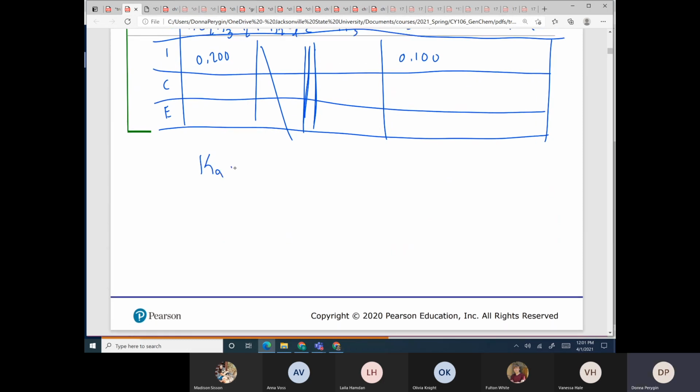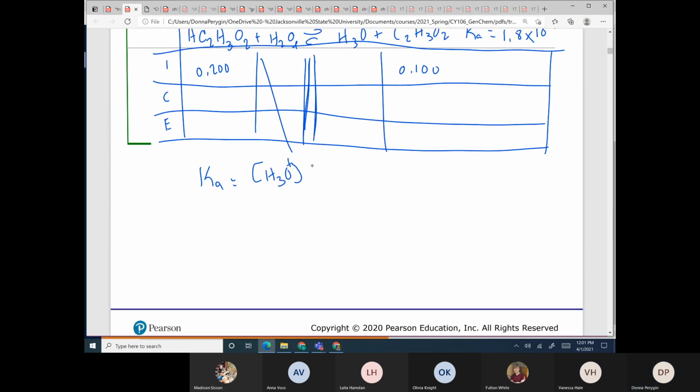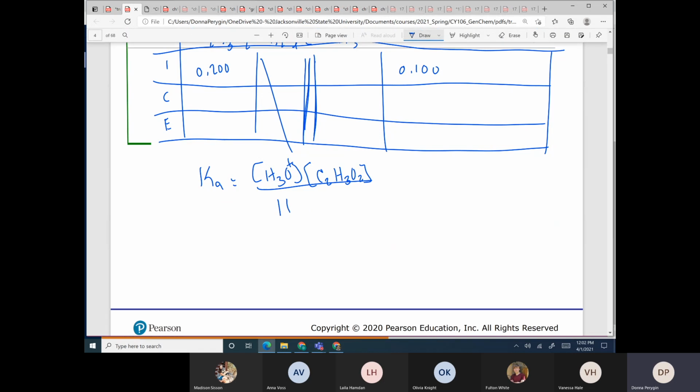Okay, so set up the equilibrium expression: Ka is equal to H3O plus times C2H3O2 minus over HC2H3O2. So how do we plug those amounts in?